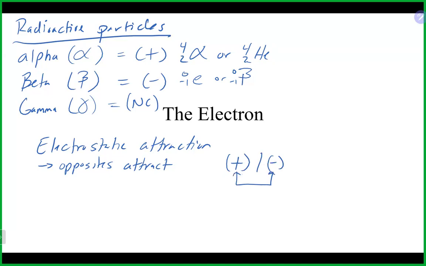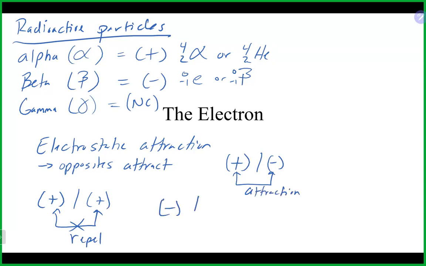But if you are a positive thing and another positive thing, they do not like to be near each other. They will repel one another. And two negative things also will repel each other.